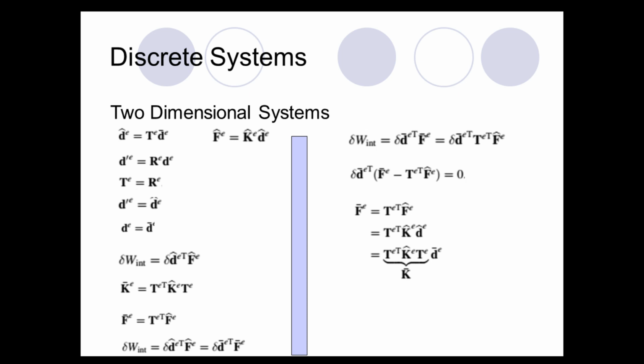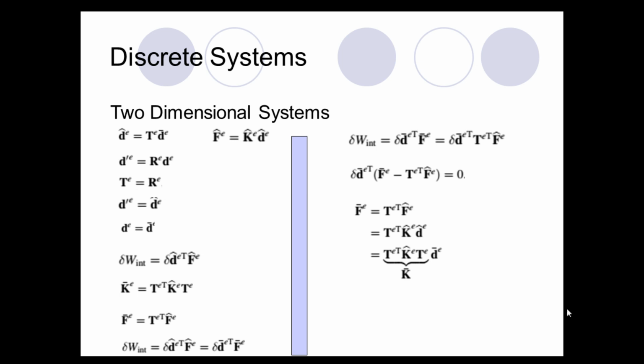Now this tells me something. FE bar, the forces in untransformed coordinates, has to be equal to the transpose of the transformation matrix multiplied by the forces in the transformed coordinate system.